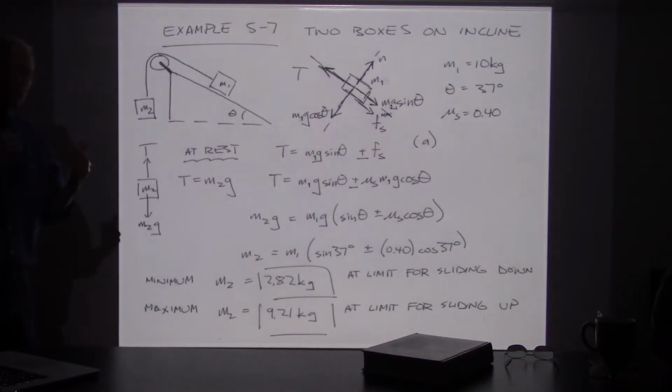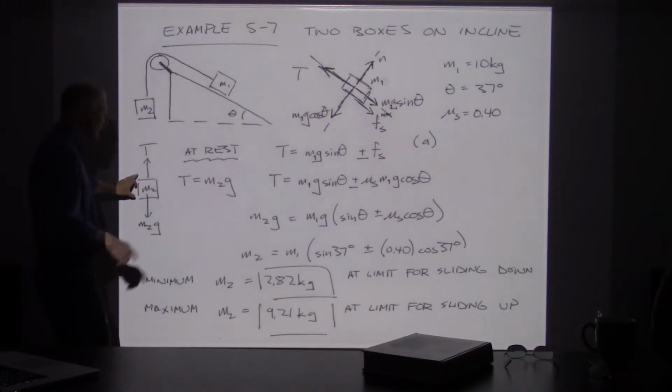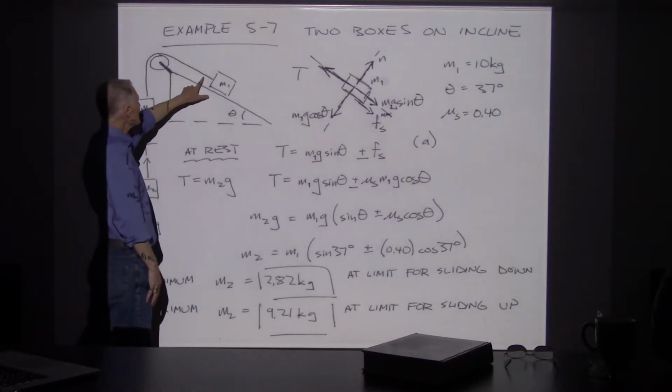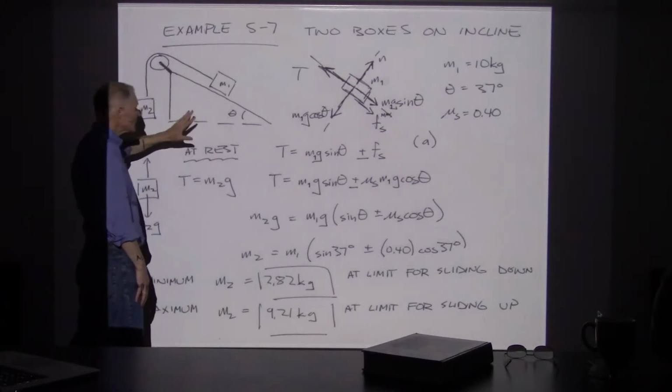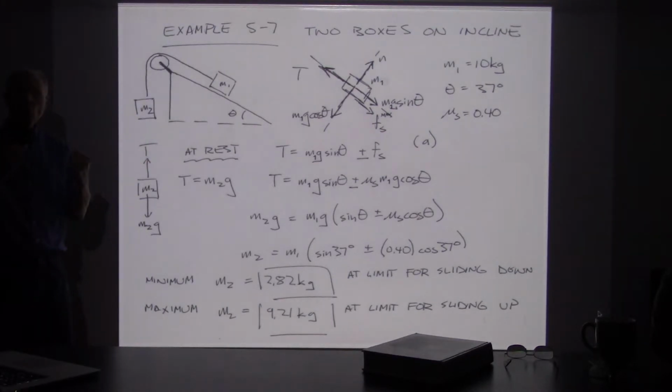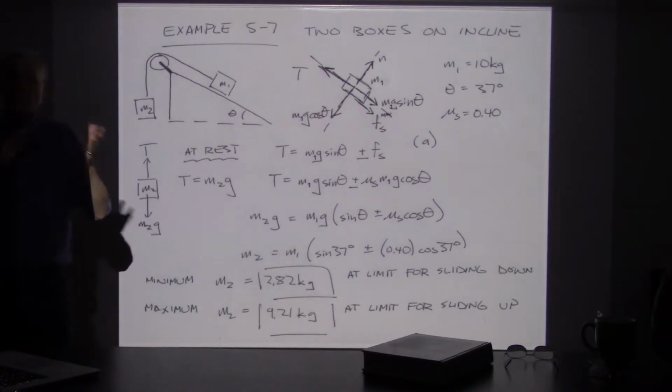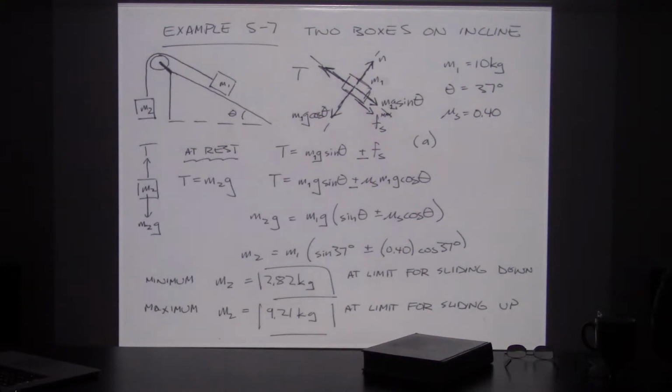Now what that's saying is, if I go beyond 9.21, there is going to be so much tension set up in this string that this block is going to go up the incline. The static friction will not be able to hold it back. So for any m2 between 2.82 and 9.21, the blocks will stay at rest.